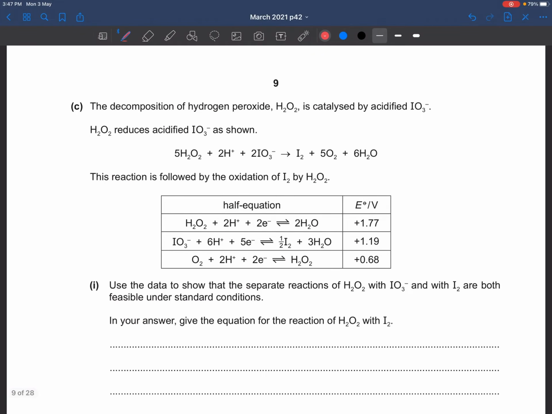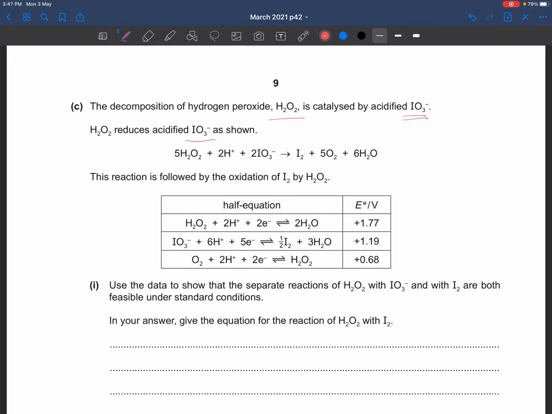Next question is the decomposition of hydrogen peroxide, which is catalyzed by acidified IO3 minus. H2O2 reduces acidified IO3 minus as shown.